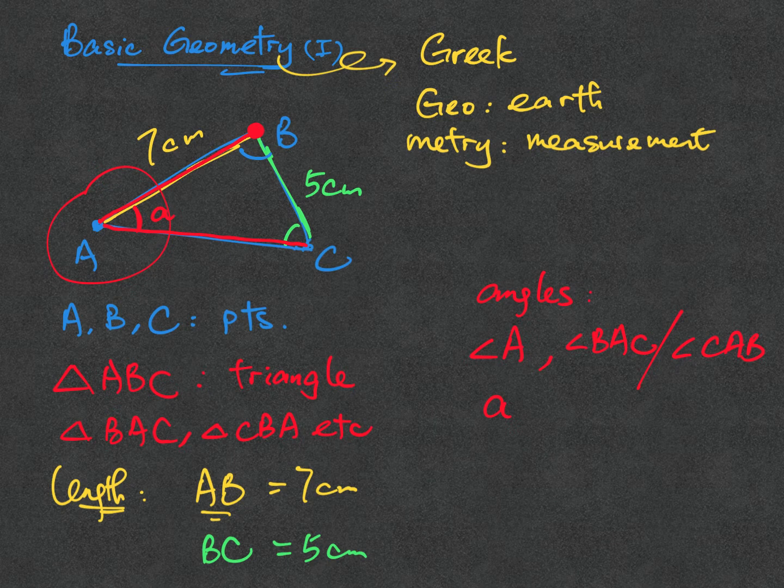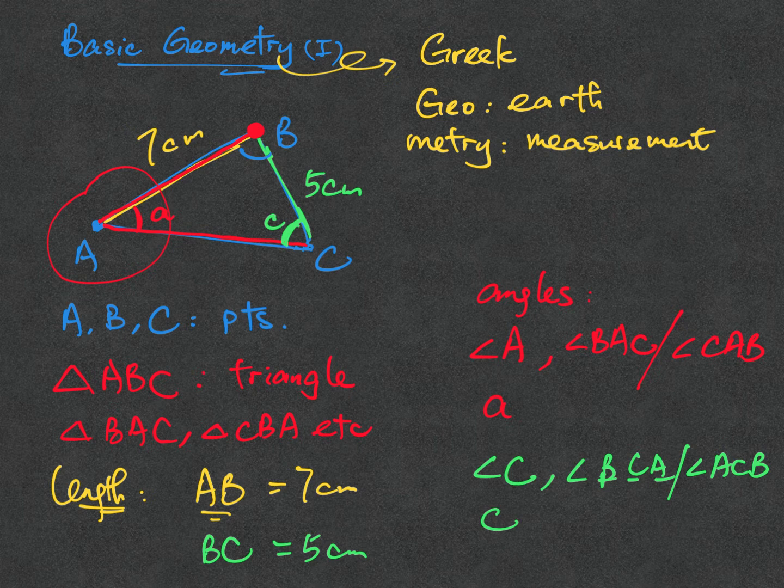Now we look at angle C. Can you write the three letters to represent the angle as well? Yes, that's good. It can be angle BCA, or angle ACB as well. You can also make use of a small letter c to represent it.